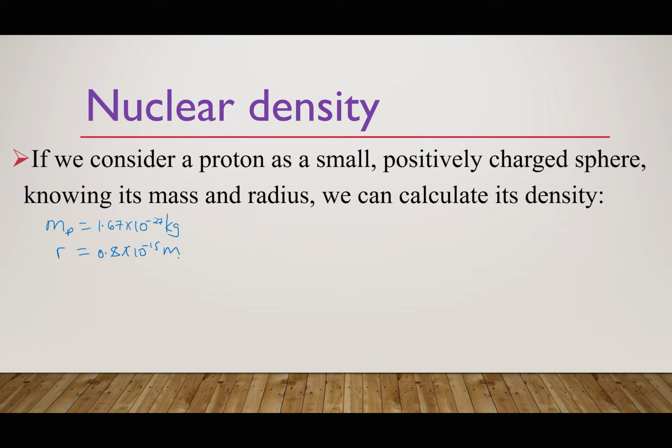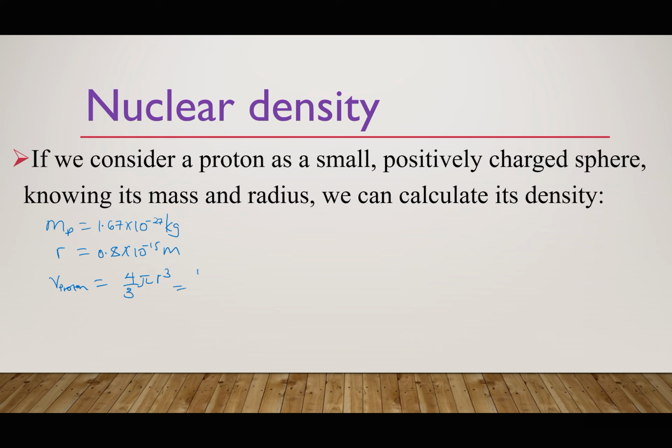That is an approximation. So if I want to find the volume of a proton, we can assume that the proton is spherical, and therefore its volume is the volume of a sphere, which is 4 over 3 pi r cubed.